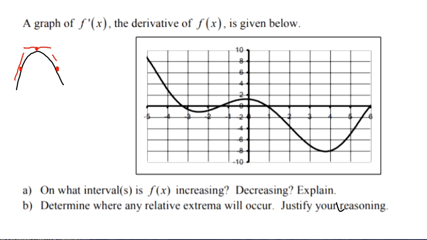Okay, so if you think about a function that is increasing, that means the slope of your tangent lines are going to be positive slopes because your tangent lines are going to look like this, going up from left to right.